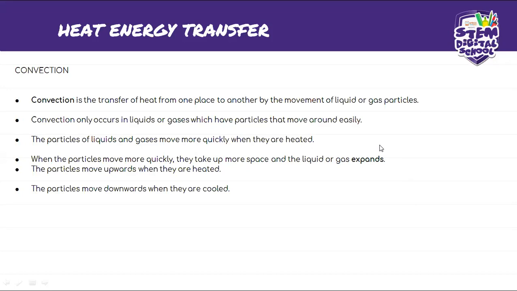Okay. How many kinds of substances can undergo convection?